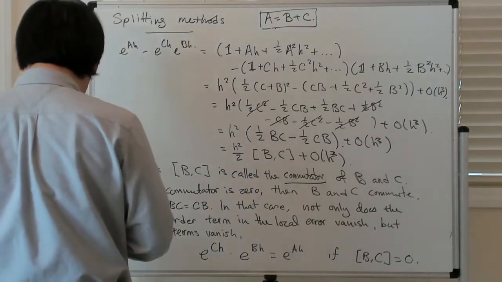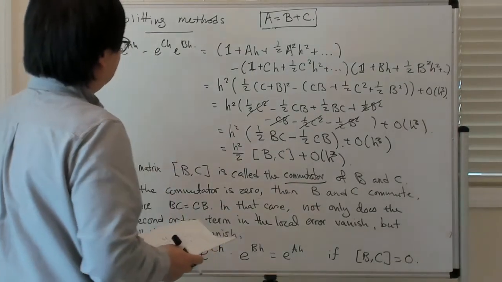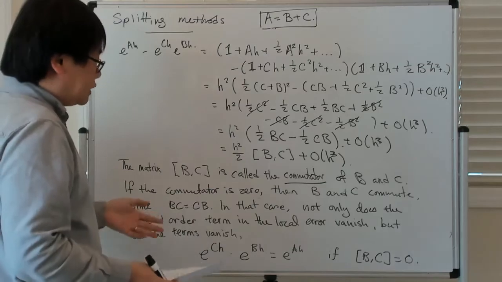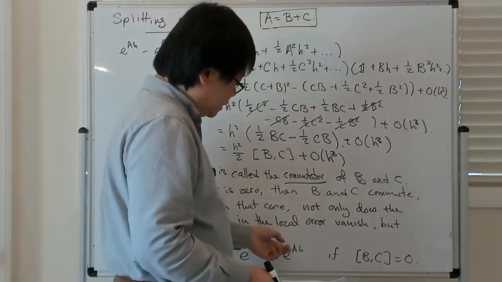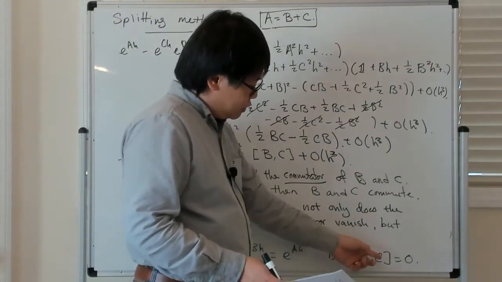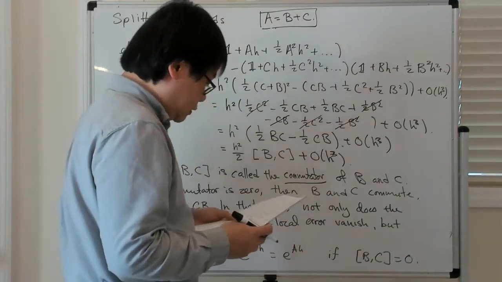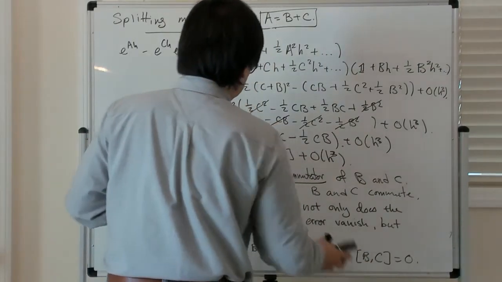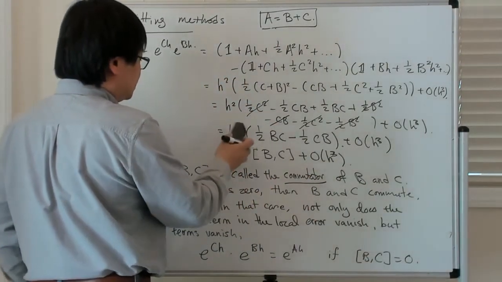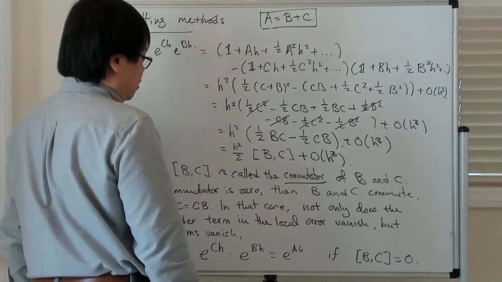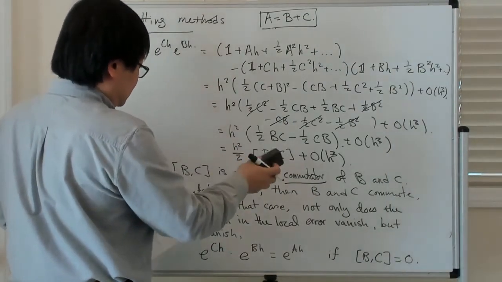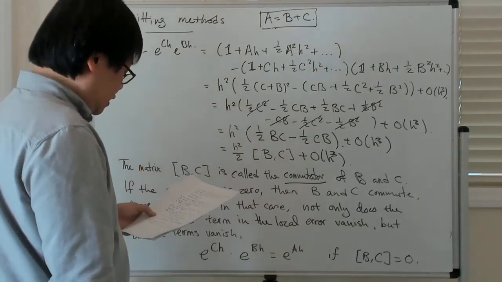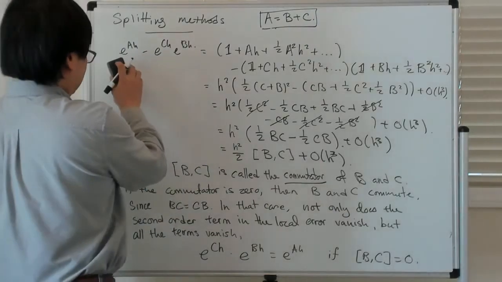So what basically happens then is that the splitting method is exact if it turns out that you can split this matrix A into two matrices which commute with each other. But in general, this commutator is non-zero, which means that the leading order error term is big O of h squared, which means that this simple splitting method is only first order accurate in general.